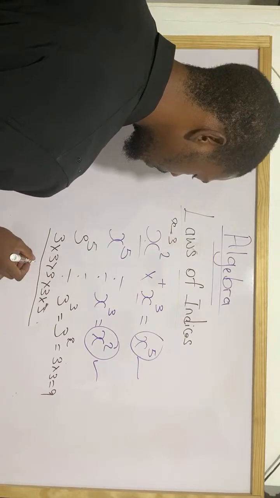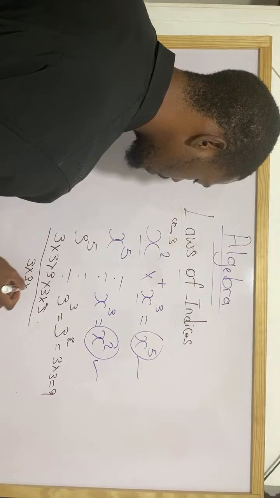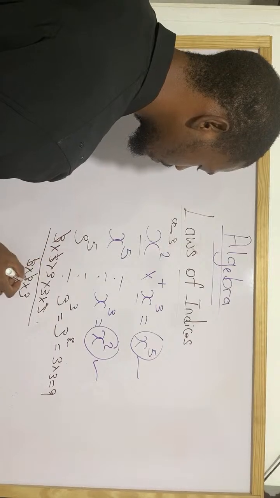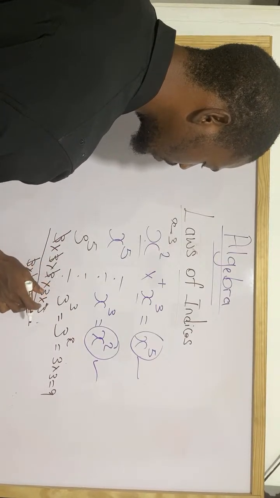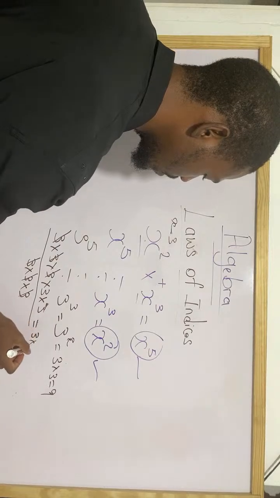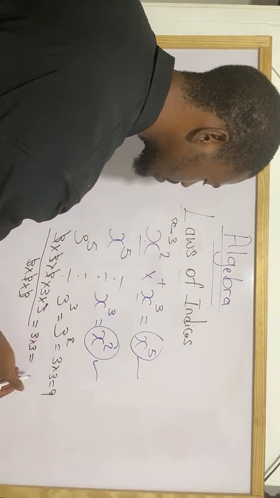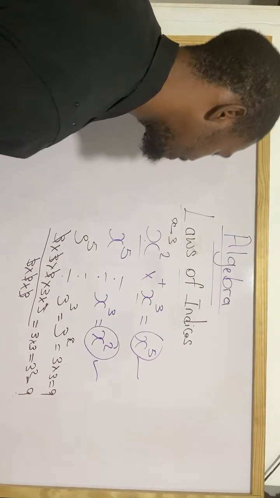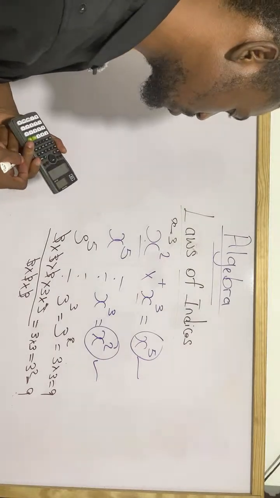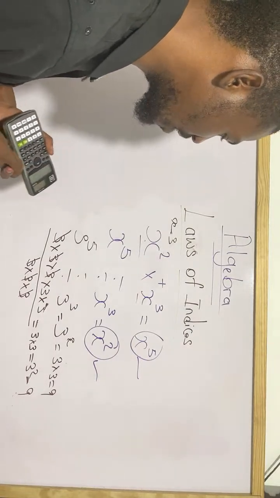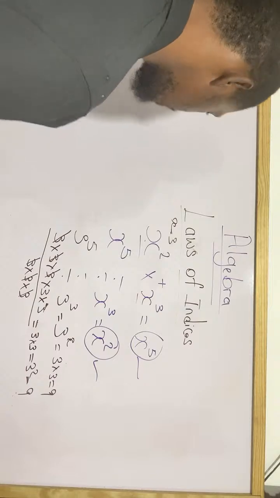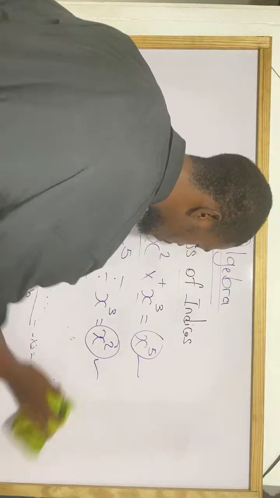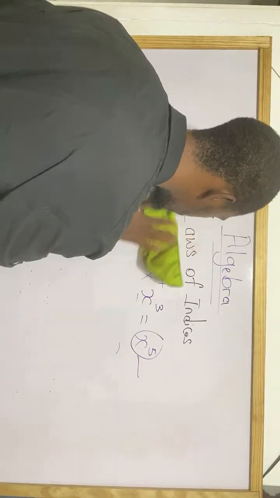So we could say that 3 times 3 times 3 are being canceled out, and I'm left with 3 times 3. And 3 times 3, of course, is the same as 3 squared, and 3 squared gives us 9. So beautiful. It really proves itself simply right here. All right, so that is just one aspect that I wanted to touch.